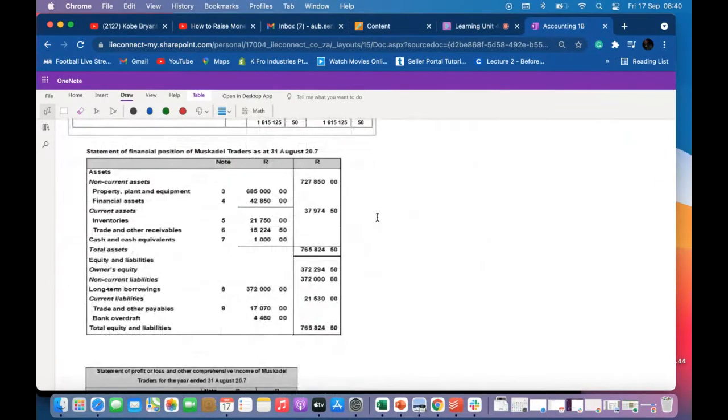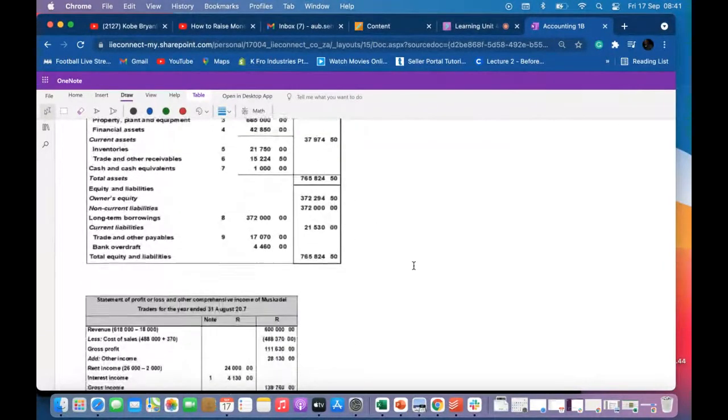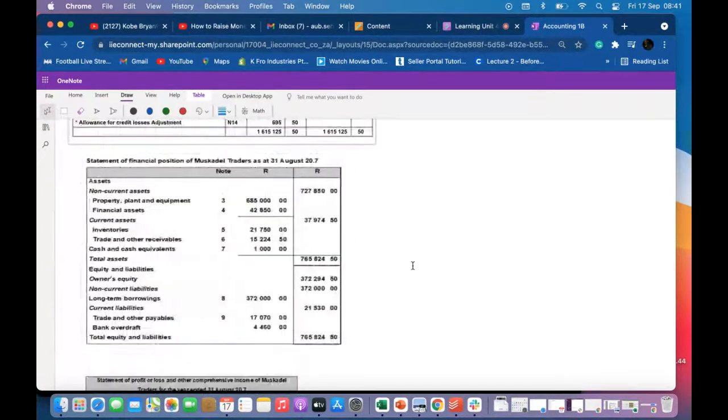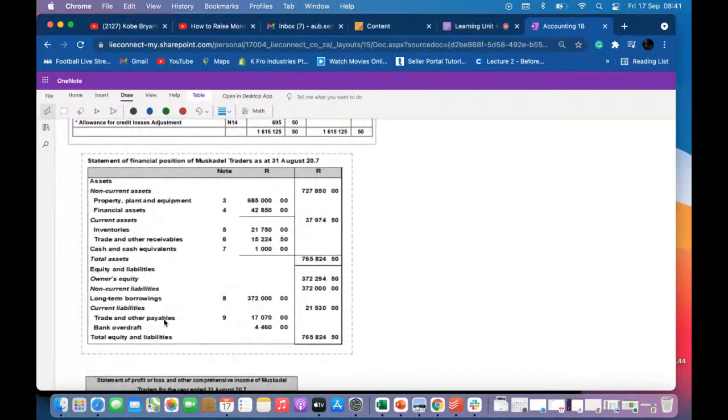So what I did here is I just threw in the rest of them, because once you have your adjustments correct, it's now just about filling in the right information in the right places in the other statements. So we drafted the statement of financial position there. It was a copy and paste job on my side. What would change is your trade and other payables because of those liabilities, such as income received in advance and accrued expense.